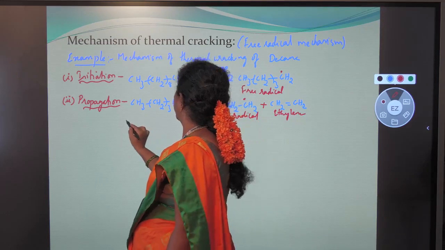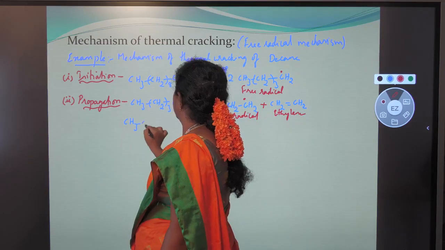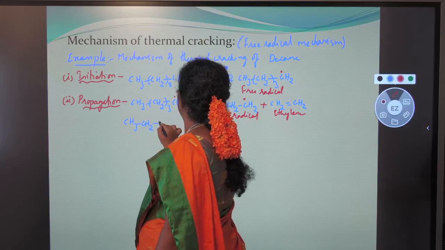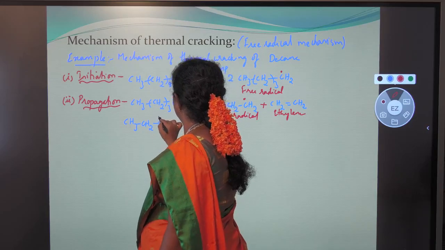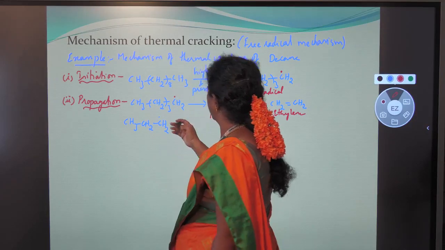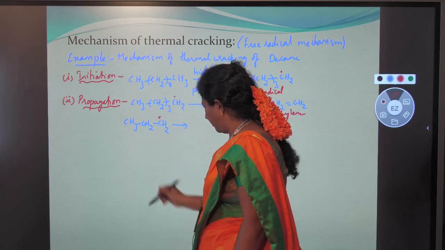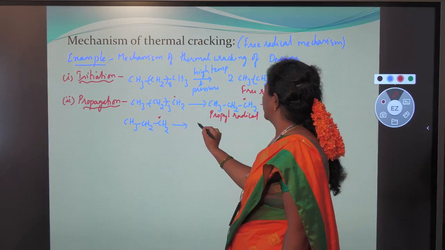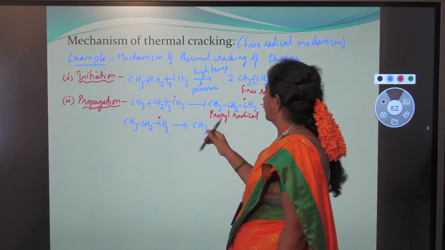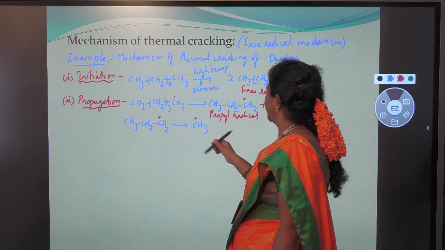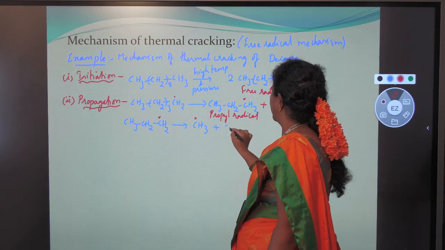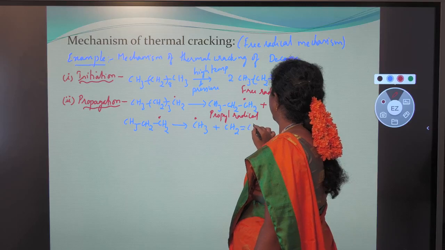The propyl radical will further undergo cracking, forming methyl radical and ethylene.